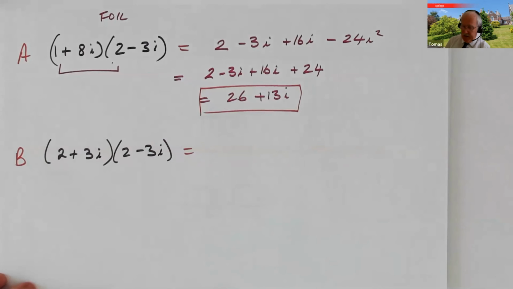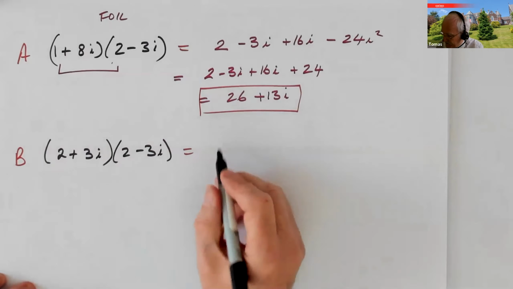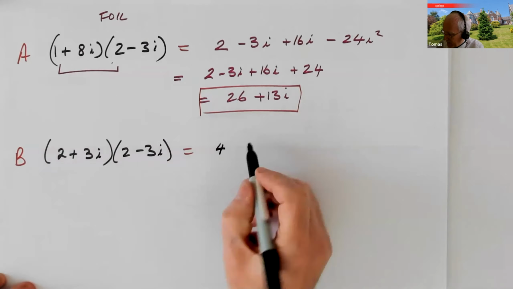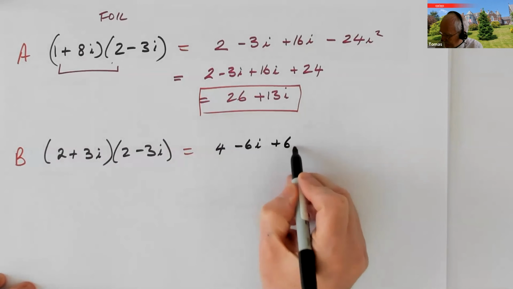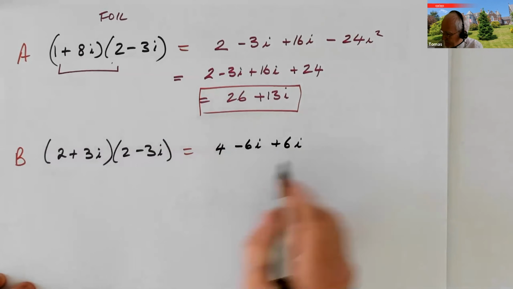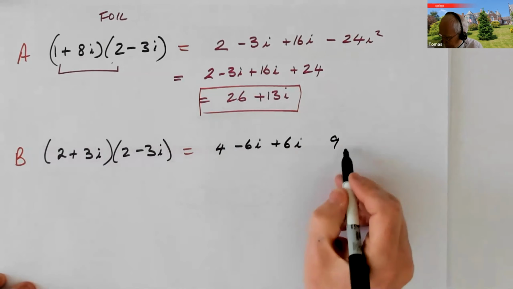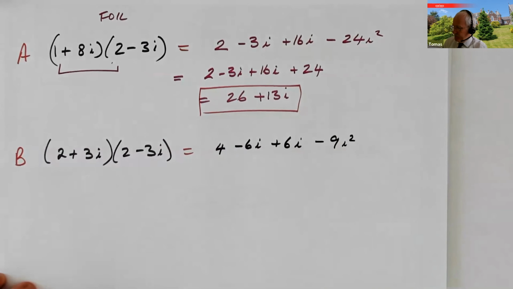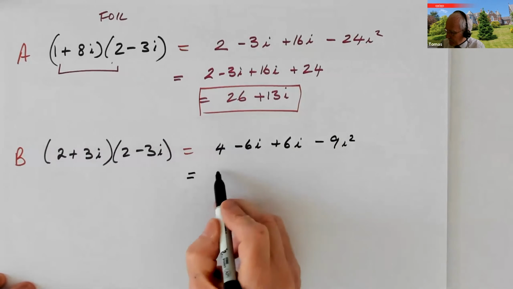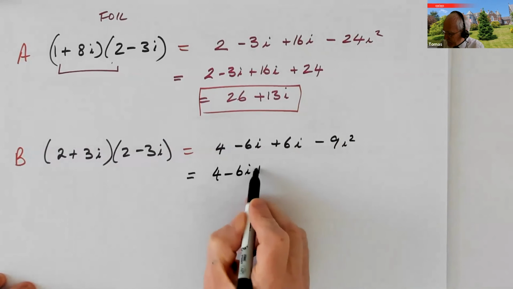Now, you may have done B instead. So 2 by 2 is 4. 2 by minus 3i is minus 6i. 2 by 3i is 6i. 3i by minus 3i is minus 9i squared. Minus by plus, minus. So 4 minus 6i plus 6i.